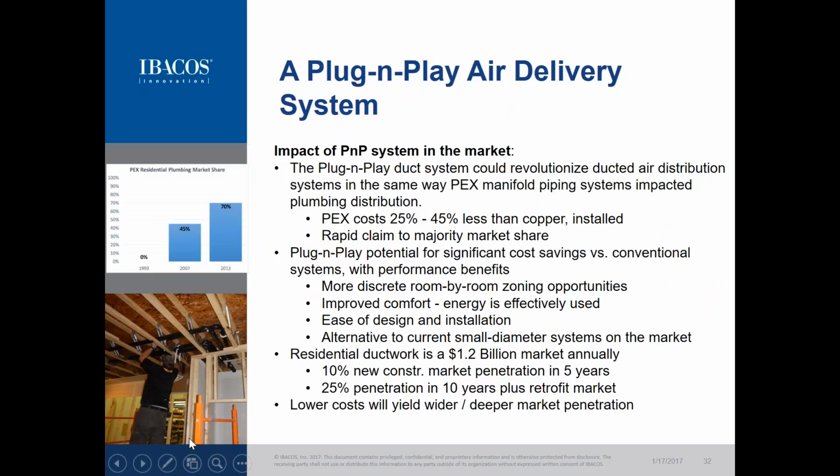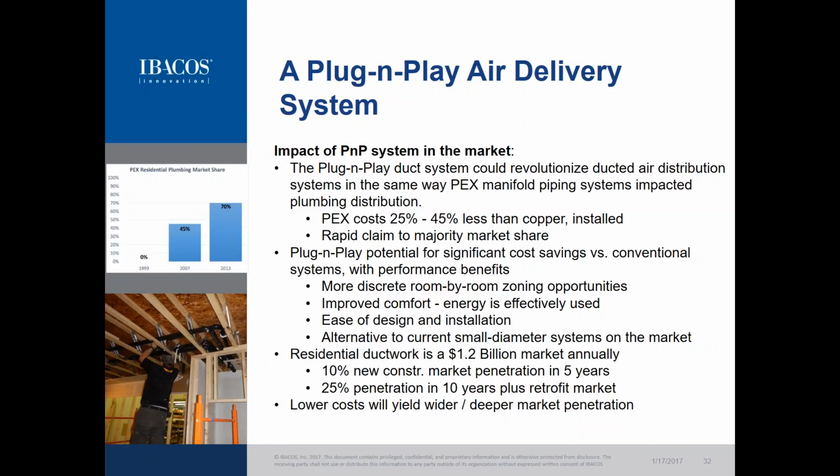So the model that we're looking at is, if we look at the impact of the plug-and-play system in the market, and if we look at the model that PEX went about getting market penetration in the late 80s to where they are today, it's very similar. They came with a disruptive technology in the market, bringing PEX material to replace CPVC and copper. So we're looking at a plastic material to replace air distribution systems.